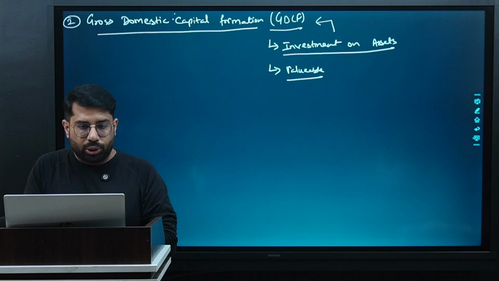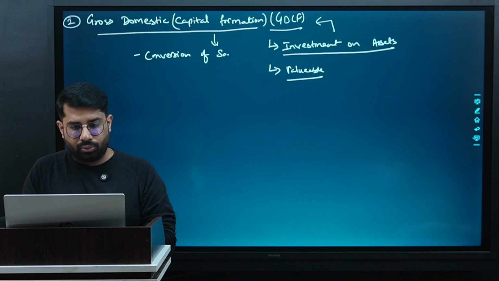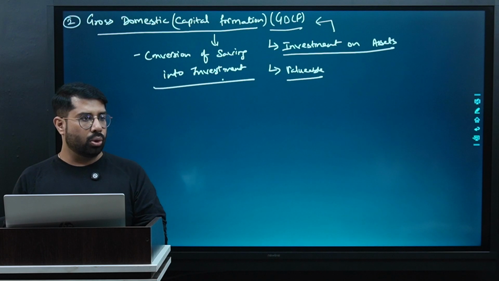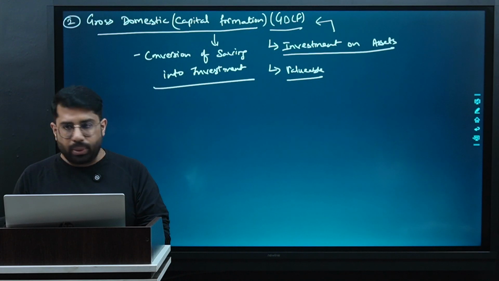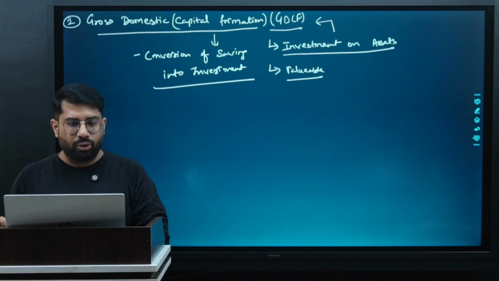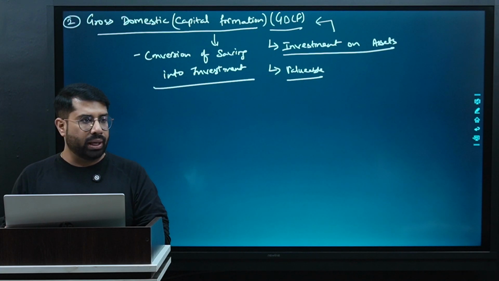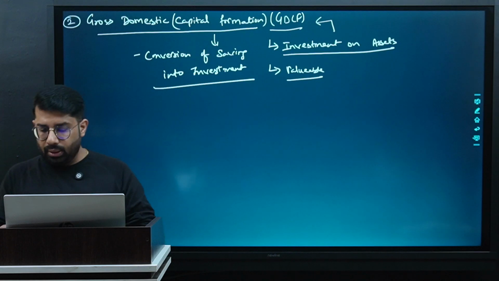Capital formation, simply speaking, is conversion of saving into investment. So whatever investment you are doing from your saving will be a part of gross domestic capital formation, that is GDCF, right?